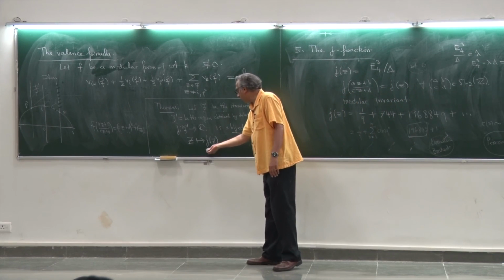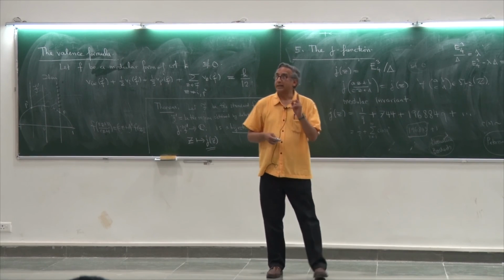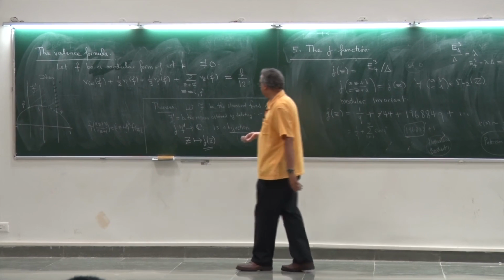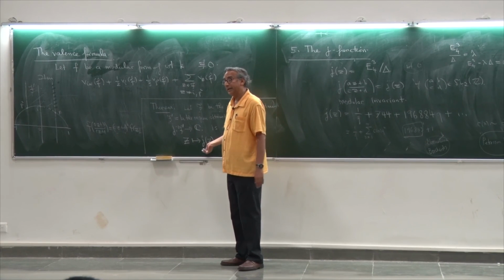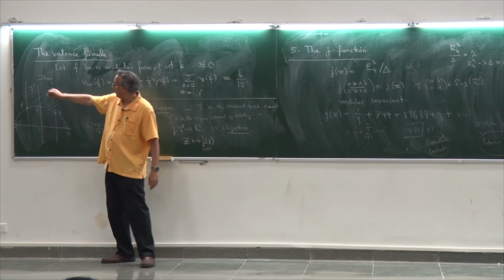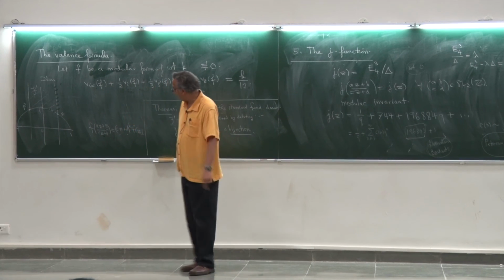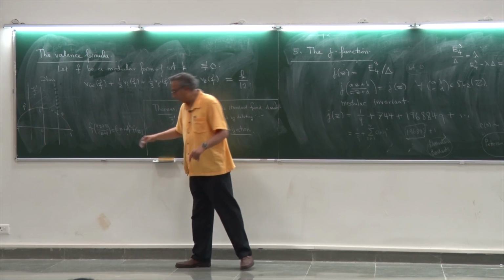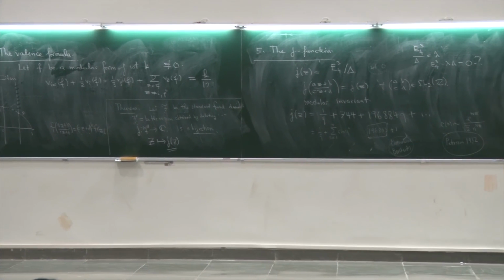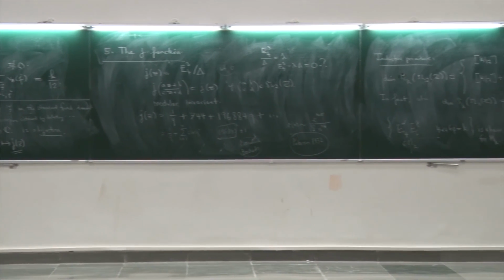It turns out that two elliptic curves corresponding to the points Z1 and Z2 are isomorphic if and only if J of Z1 equals J of Z2. And that means each one of these things corresponds to a distinct elliptic curve. Okay, so as you can see, it's the beginning of a bigger theory, which I'm just touching very briefly. We will certainly talk about these things at the very end of the course.